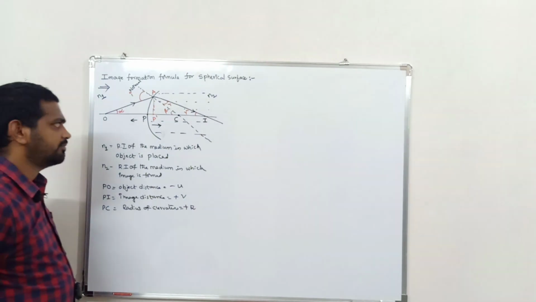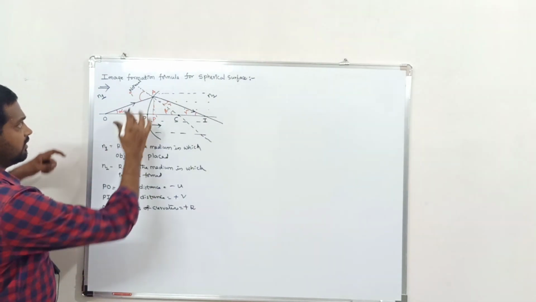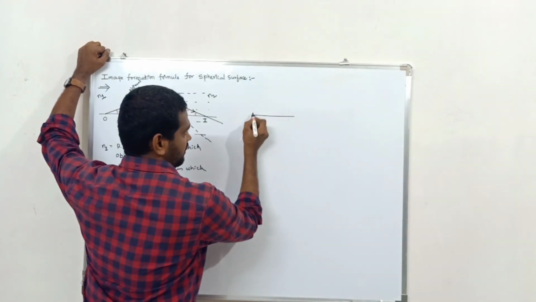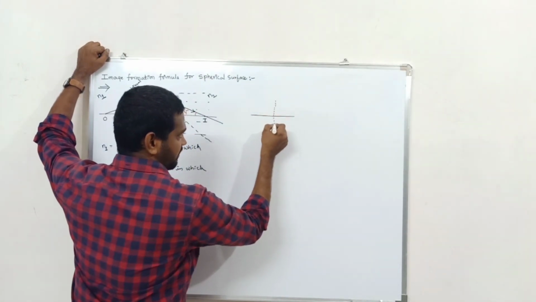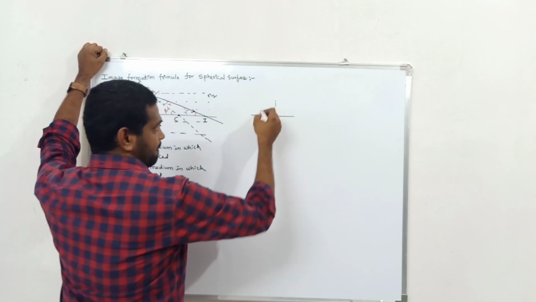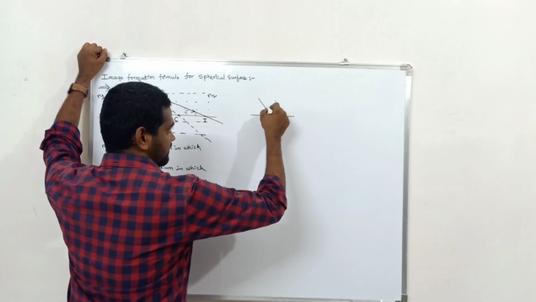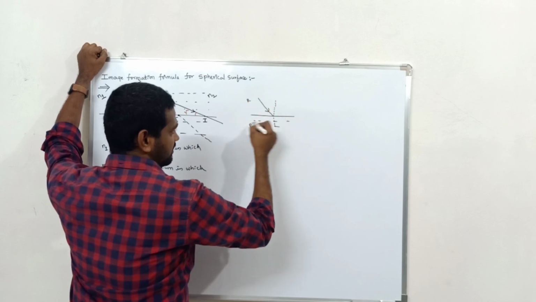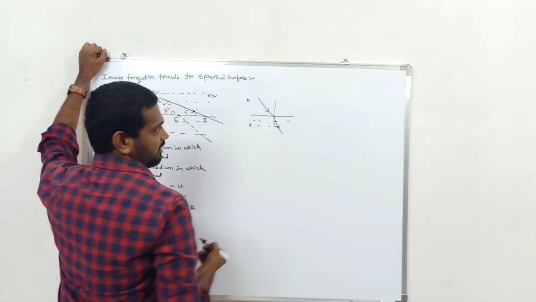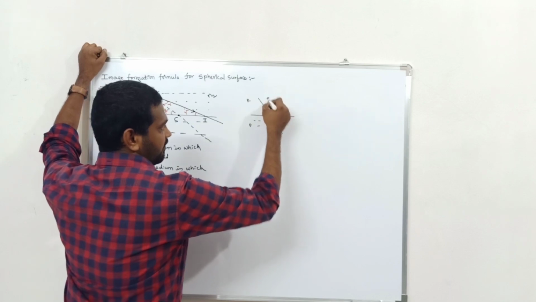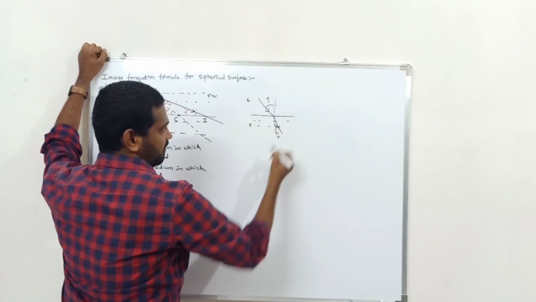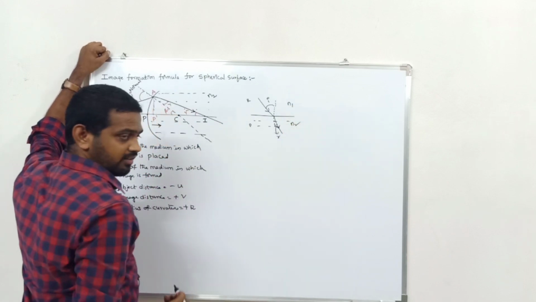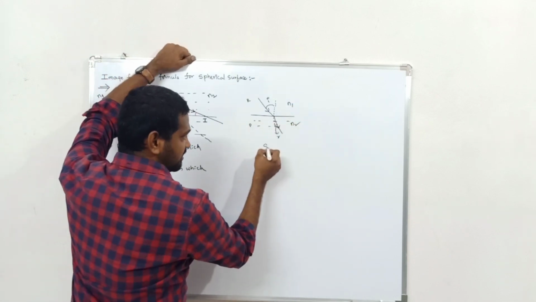Now I am applying Snell's law, children. What is Snell's law? In order to apply Snell's law, I take a plane refracting surface. Let us consider this is the incident ray, this is the denser medium, the light ray is traveling from rarer medium to denser medium, and this is the refracted ray. This is the angle of incidence and this is the angle of refraction. Let us consider this refractive index is n1, this refractive index is n2. Now apply Snell's law.